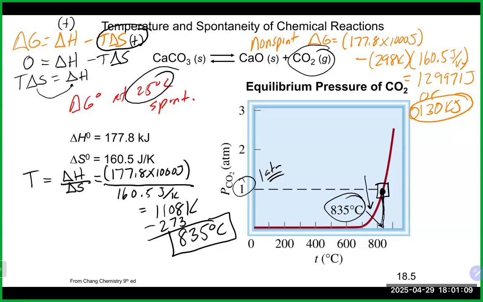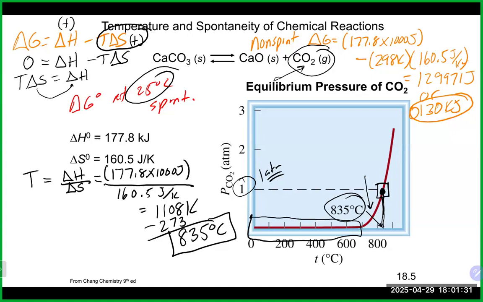So that's where we get to that kind of standard pressure in this particular situation. Obviously, before that, since there is only one gas in this reaction produced on the product side, we basically have a flat line. So we have no pressure, and it kind of means we have no gas, and that means we're not making any products until we get around that 835 point.